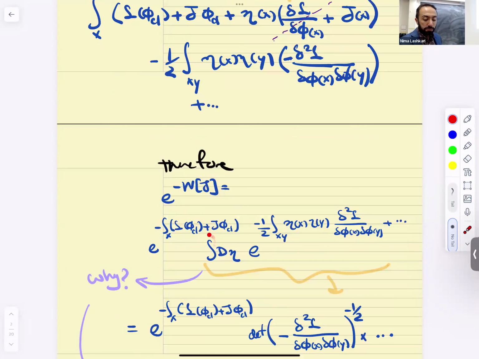So now the whole generating functional is going to be a constant piece times the path integral over the field eta. The linear term dropped out, e to the power of minus the integral of half, second order, this guy. Do you have a sense of what this term looks like? What's the simplest, the first part of this? So it's perhaps more canonical if I write it this way.